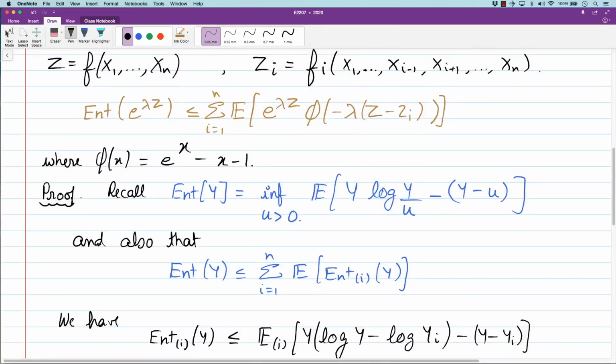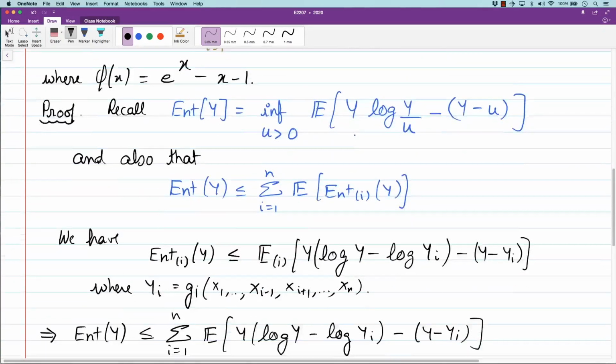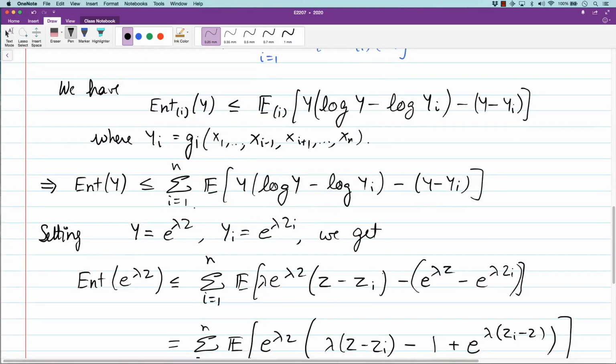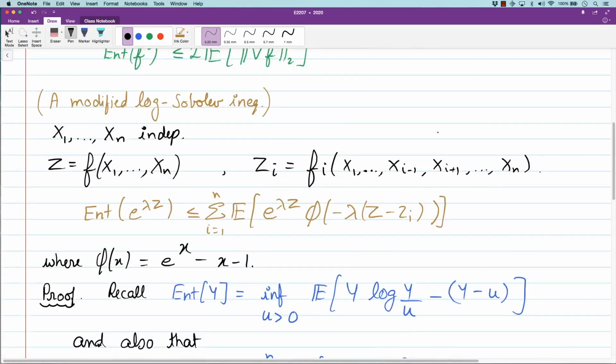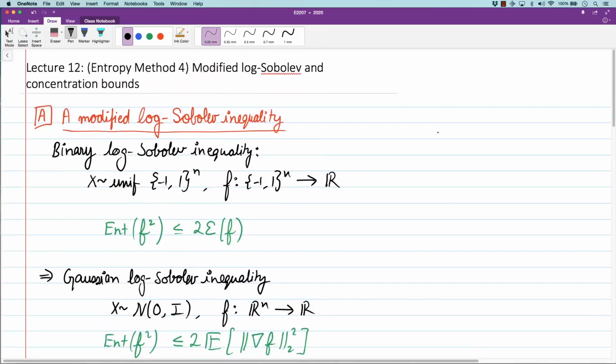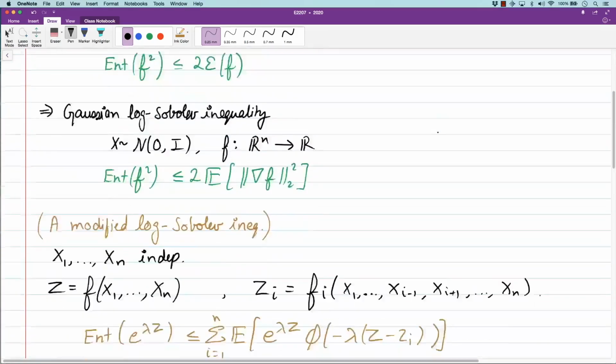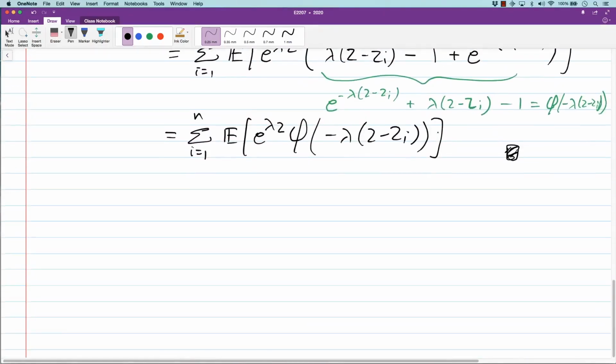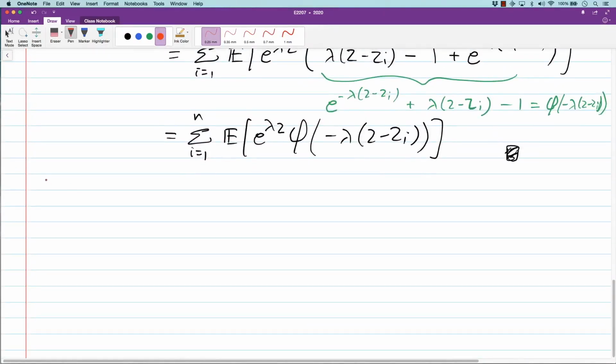In proving this we again used the tensorization property, and then we proved an elementary inequality that we applied. This is that variational formula for entropy that we had seen earlier. Now that we have our modified log-Sobolev inequality, we move to the second part of the lecture, where we use it to derive a concentration bound.